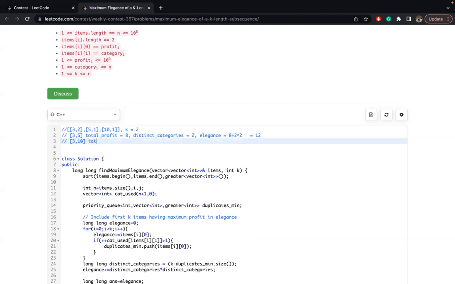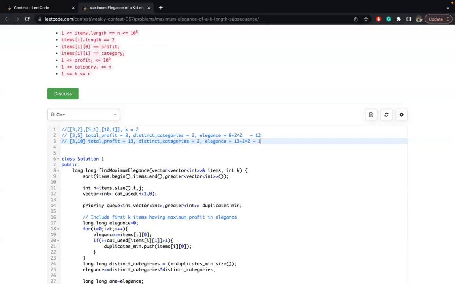Here, total profit would be 13. How many distinct categories are there? 2 again, 3 belongs to 2 and 10 belongs to 1. These two are distinct. And elegance will be 13 plus 2 to the power 2.